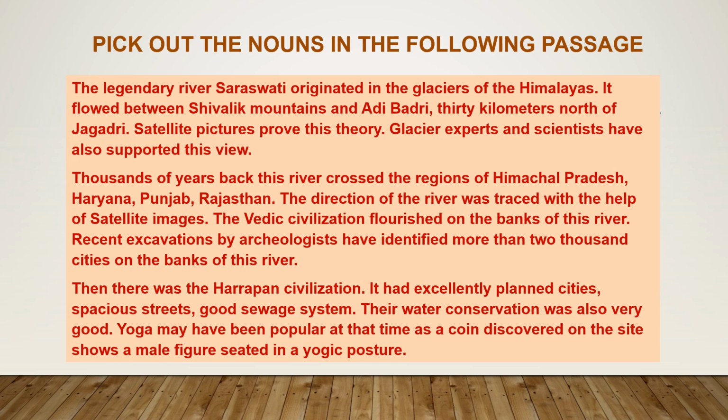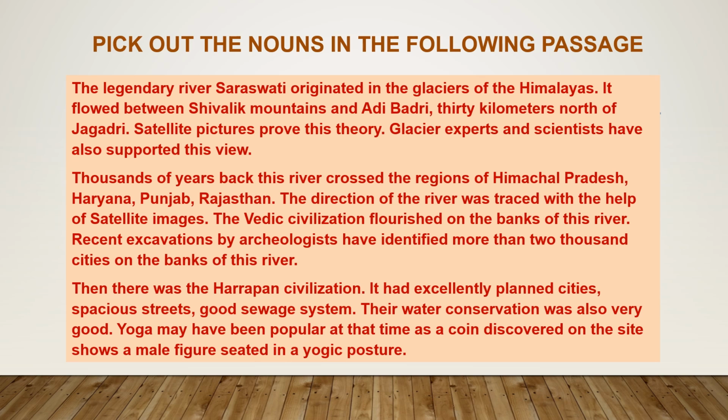The direction of the river was traced with the help of satellite images. The Vedic civilization flourished on the banks of this river. Recent excavations by archaeologists have identified more than 2,000 cities on the banks of this river.